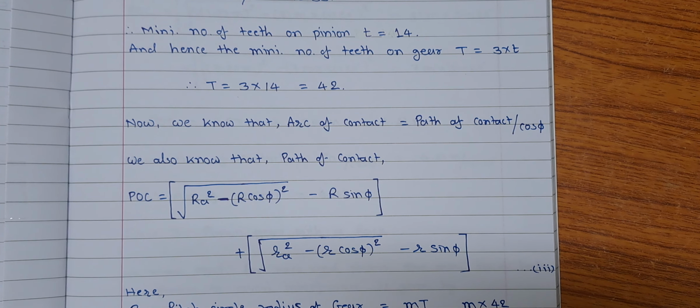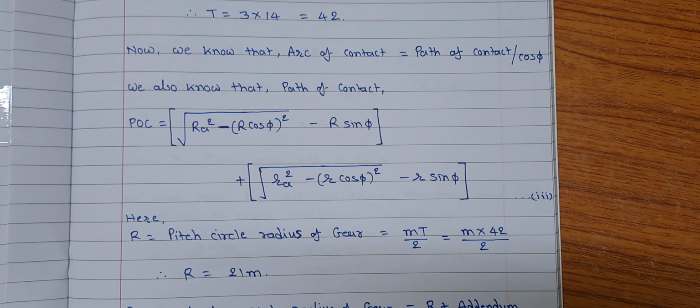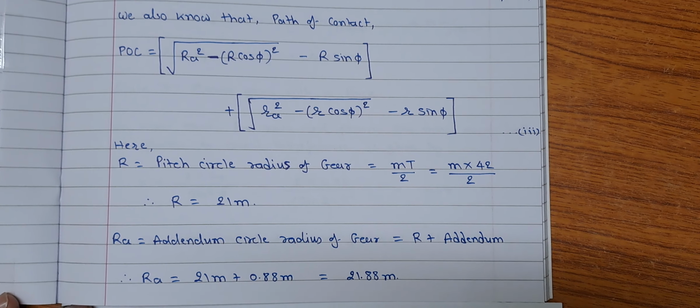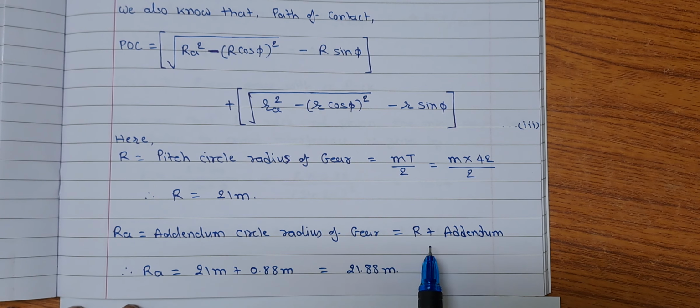Substituting the values, we found capital R is equal to 21 times module, and RA is the addendum circle radius of gear, that is pitch circle radius plus addendum.